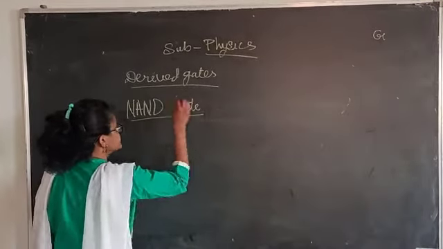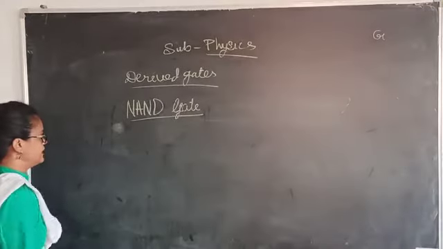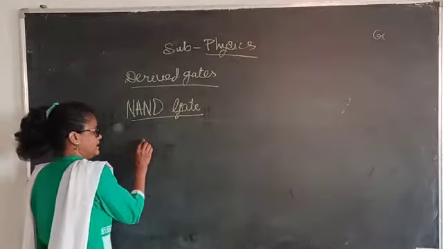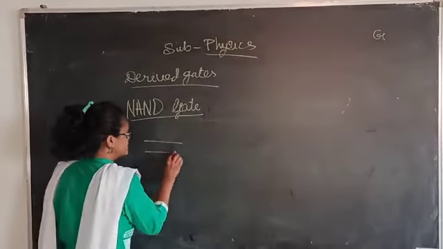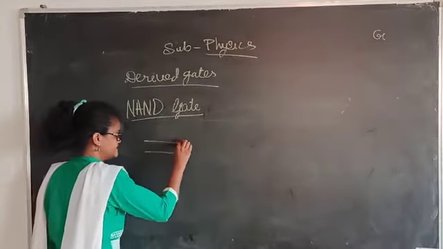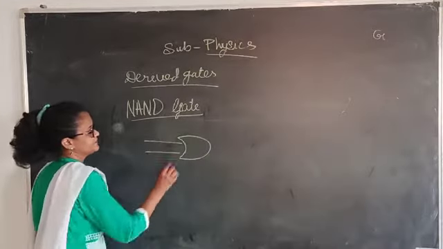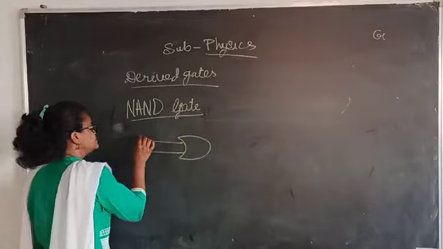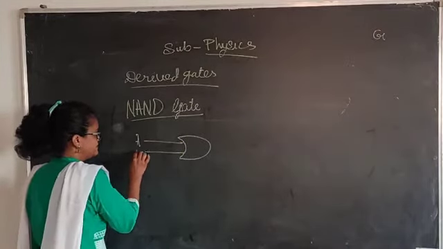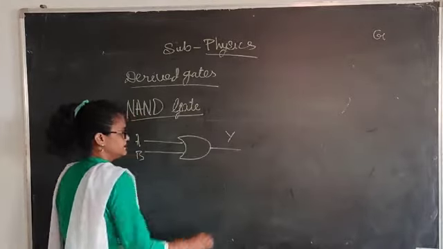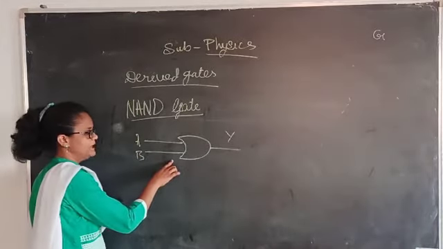Okay, so first of all we'll draw the symbol for the NAND gate. We all know how to draw the AND gate, isn't it? This is your AND gate. Again, two inputs A and B and one output, that is Y. This is the simple AND gate.